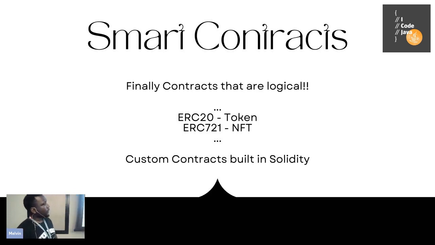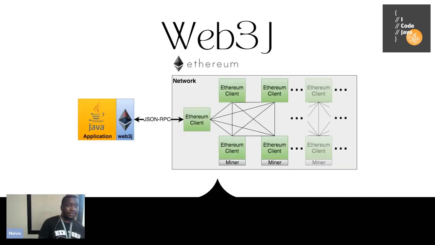Now, with Web3j, there is a way for you to interact with a blockchain network. Blockchain networks come in different flavors. We have Phantom, we have Ethereum, we have Bitcoin, and the one I'm concentrating on today is Ethereum.